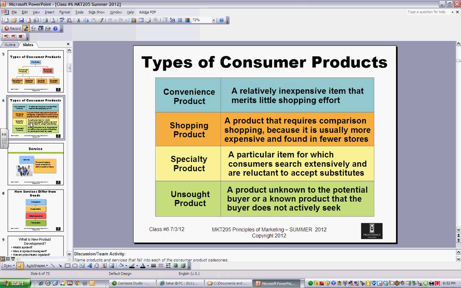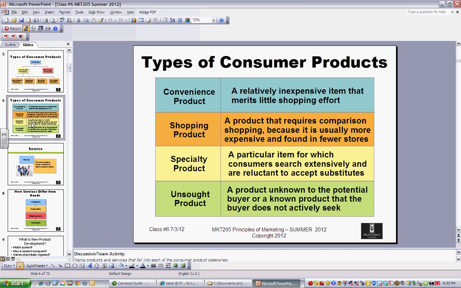One thing about consumer products, there are 4 different types. You can have a convenience product, which is typically a low dollar value, low engagement type of product: a bottle of water, pack of chewing gum, cup of coffee, basic clothes. Shopping products can be a bit more complex, and there might be some brand sensitivity to those.